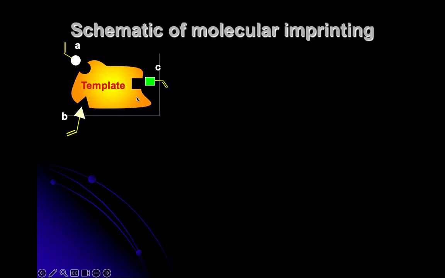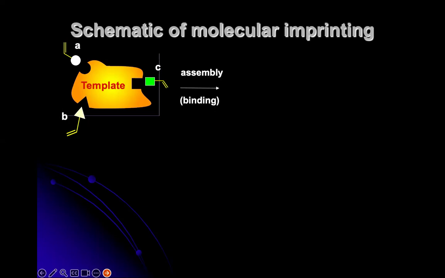So this template with a specific shape is dissolved in a solution with monomers. It can be a single monomer or multiple monomers. Here we have 3 monomers, A, B, and C. I hope you can recall your polymerization.